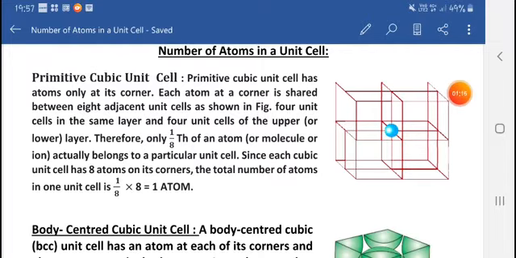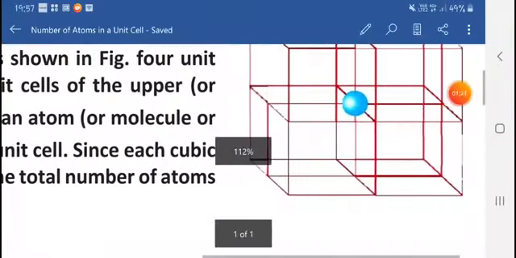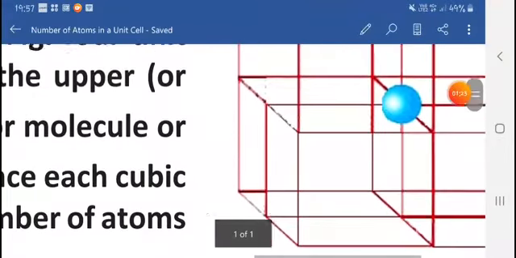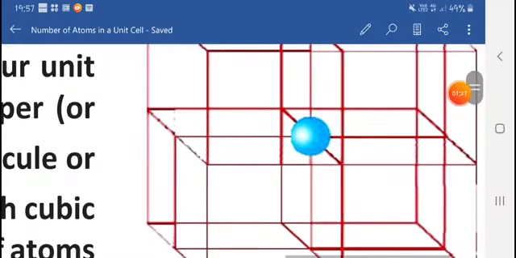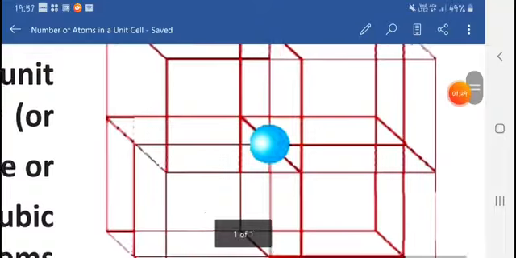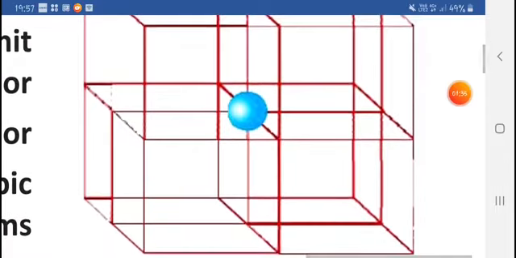We already know that in a primitive unit cell atoms are present only at its corners. Each atom at a corner is shared by its 8 adjacent unit cells, as you can see on the screen that the blue atom is shared by 8 different unit cells.